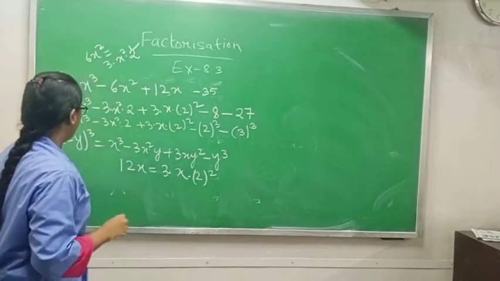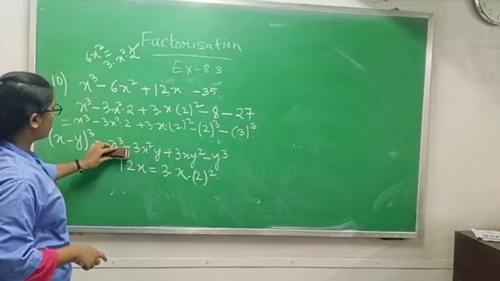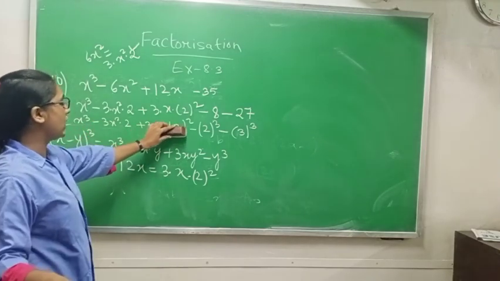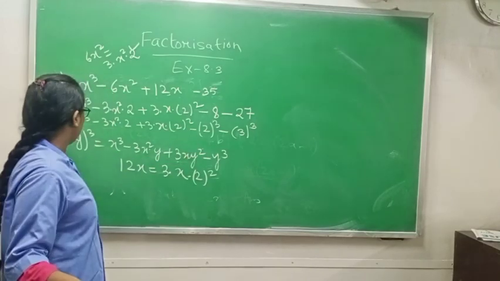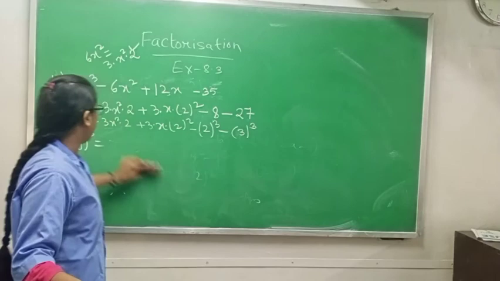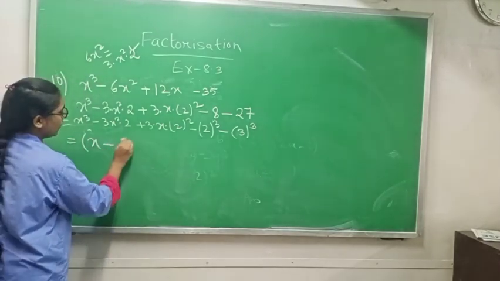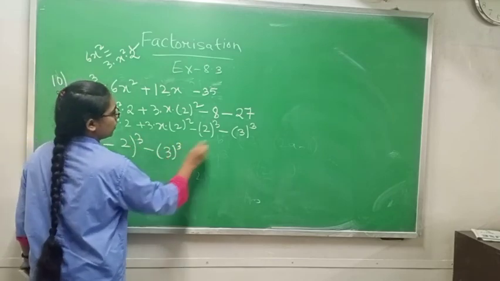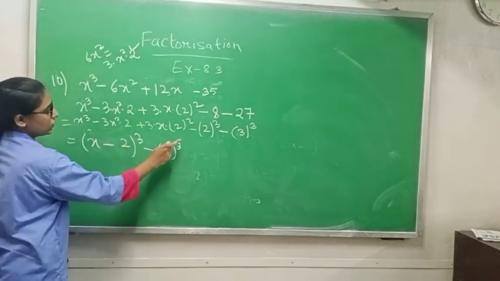Now you can see this is coming in this manner: x cube minus 3x square y plus 3xy square minus y cube. So in this place we can write (x minus y) whole cube. So I am writing x minus y, which is 2, whole cube minus 3 cube, because this one we are not using.